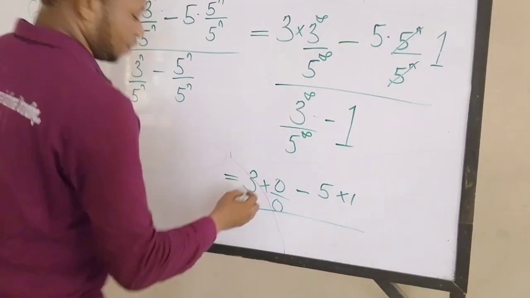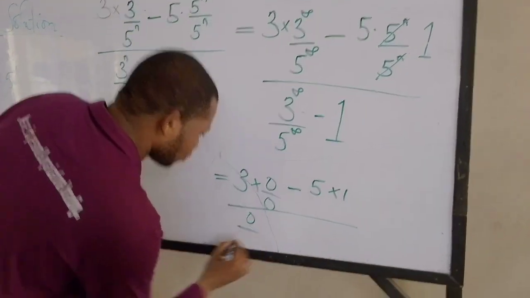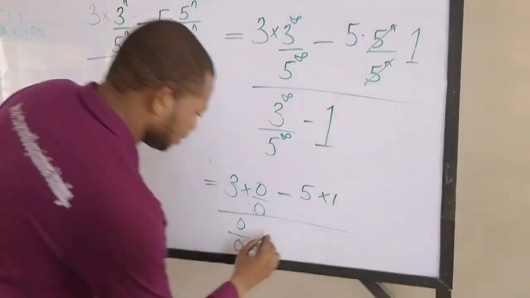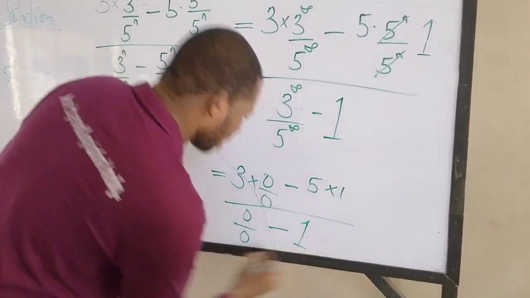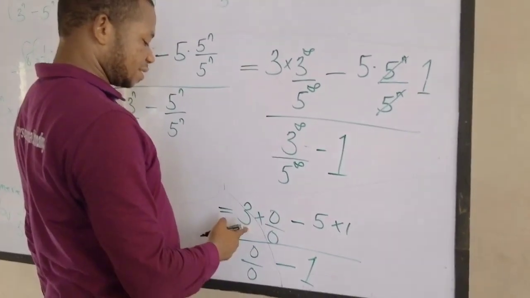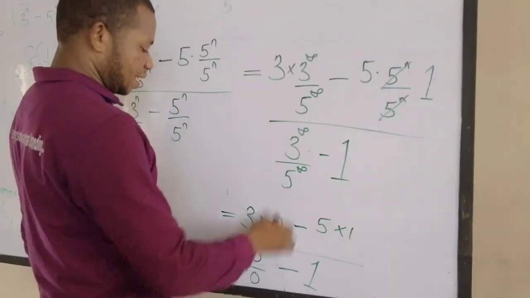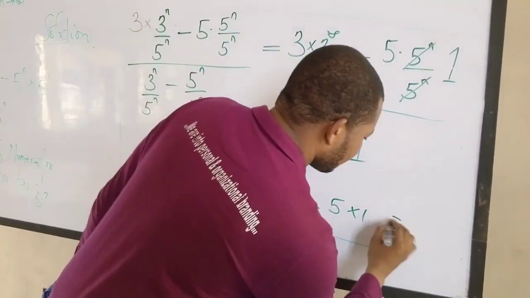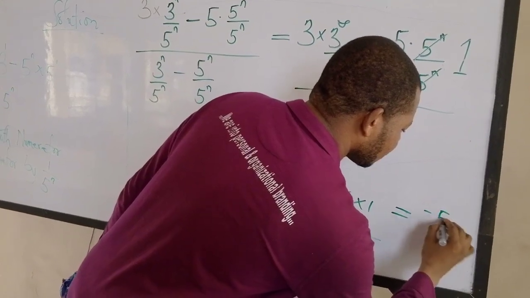This is 3 over infinity, which is 0, over 5 over infinity, which is 0. Then minus 1. 0 over 0 is 0, and 0 times 3 is 0. So everything here has become 0. You are left with minus 5 times 1, that is minus 5. This one is minus 1.